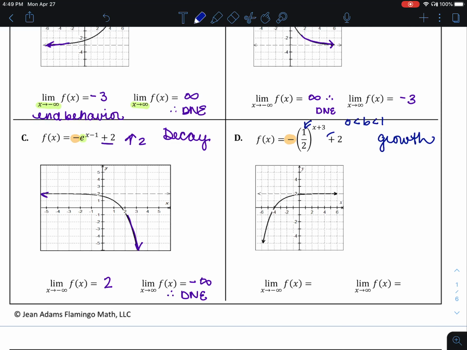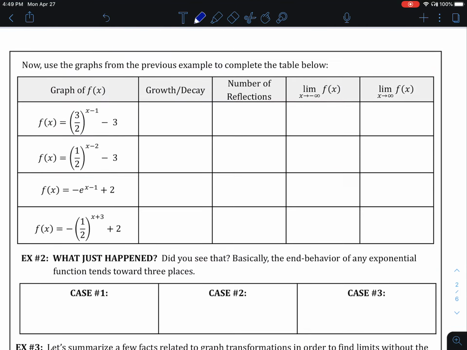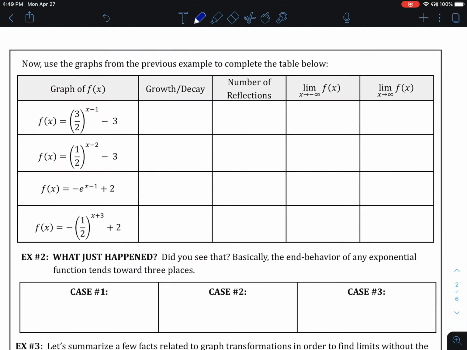Okay, we have the plus 2 again, so we recognize that the end behavior will be up 2 from either the left or the right, depending on the graph. And so as we approach negative infinity, we are headed to negative infinity, therefore DNE. But as we approach positive infinity, we have that highest value of 2.